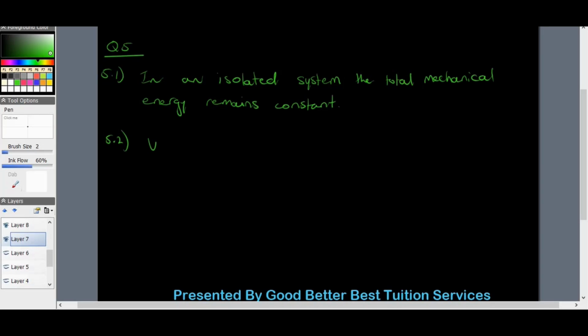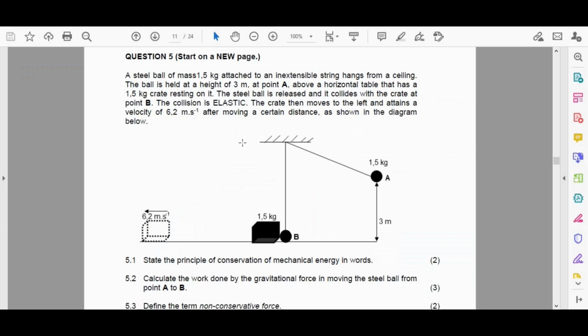5.2. So the work done by the gravitational force is going to be equal to the change in gravitational potential energy. Now what's interesting to note here is that for the change in EP, we start at point A, which is 3 meters above ground, then we end up at the bottom at point B, so we know we're going to have a negative change in height.